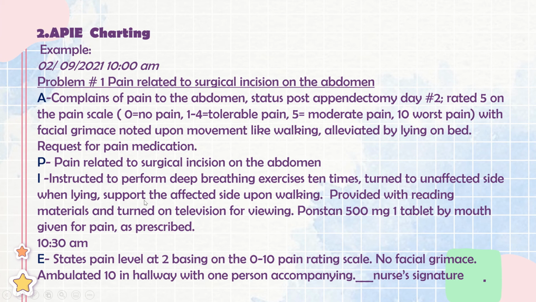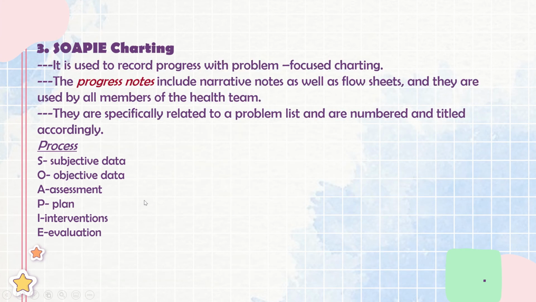So, this is the API charting. Next, ito, we have the SOAPIE charting. Okay? So, yung SOAP kanina, or yung nabanggit nating SOAP kanina, wala lang yung IE. So, ito, SOAPIE. So, with I and E. So, the SOAPIE charting is used to record progress with problem-focused charting.